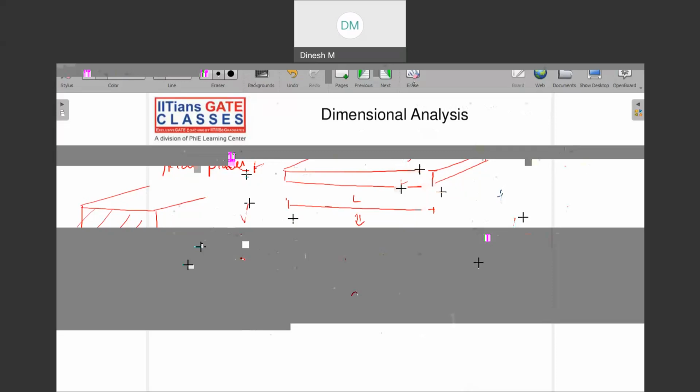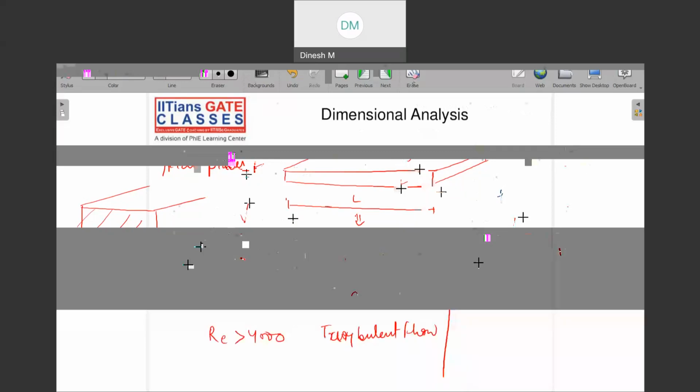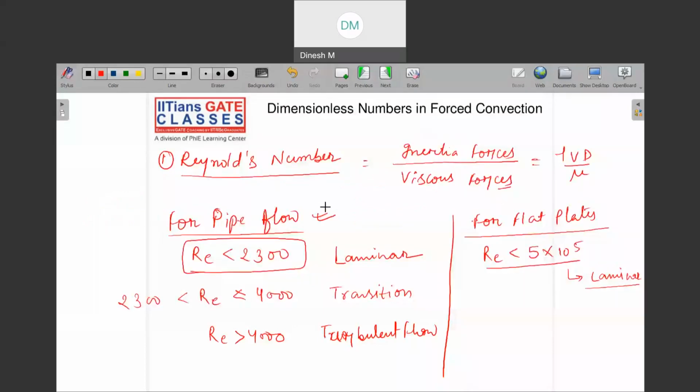So we should remember these values. The idea of Reynolds number is clear, that it tells the nature of flow. What is the meaning of laminar and turbulent flow? In laminar flow, the intermixing of fluid is absent. Like if the fluid is flowing in this nature, then the intermixing of fluid between these two layers is absent.